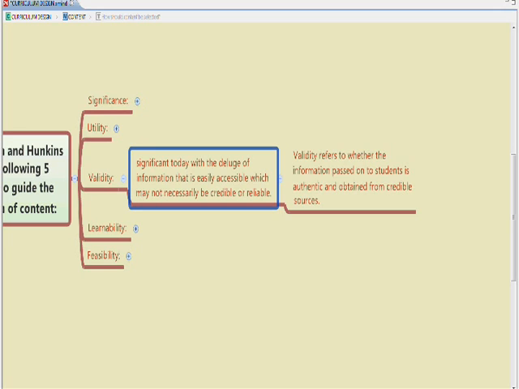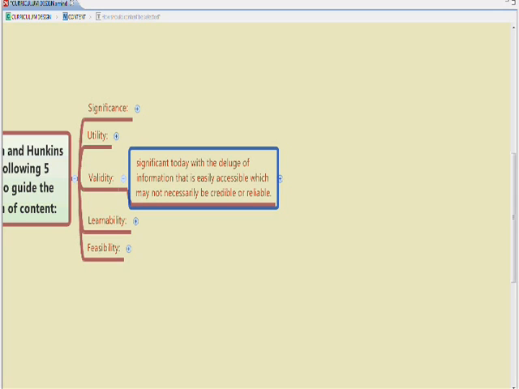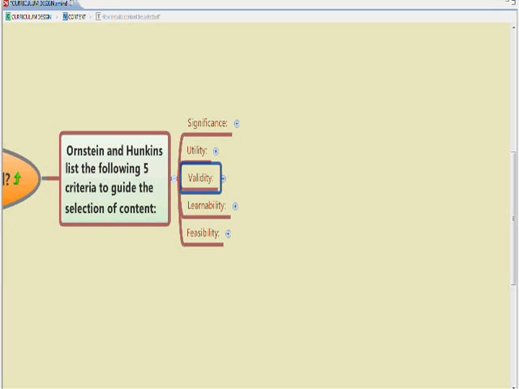Valid refers to whether the information presented to the student is authentic and obtainable from a credible source. It's not only that, right? I'm also talking about it from a political stand. When I say political, don't think only of history. For example, when I learned calculus, it was presented to us that Newton was the father of calculus.